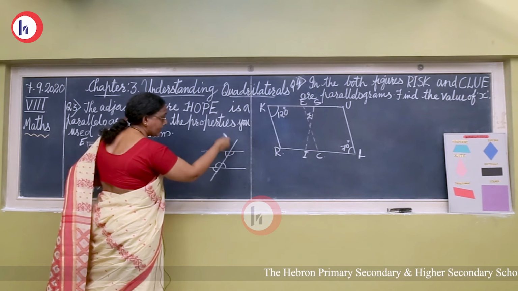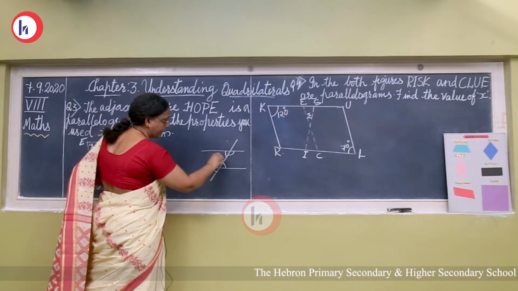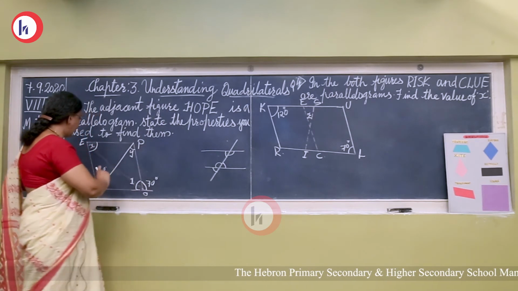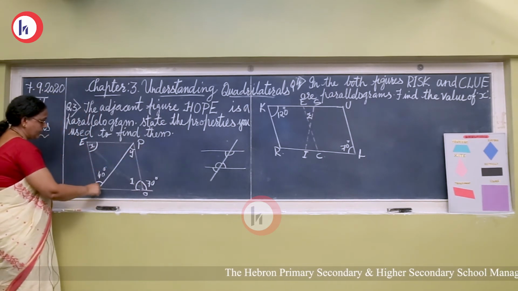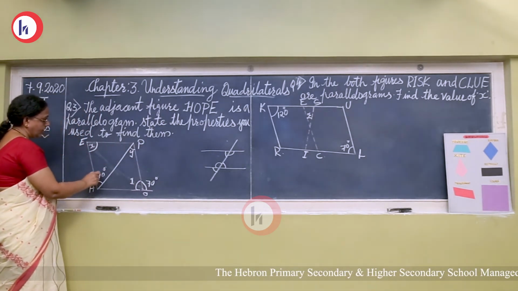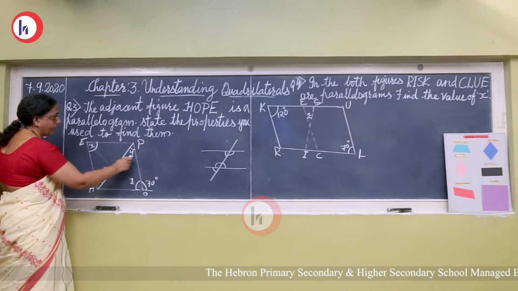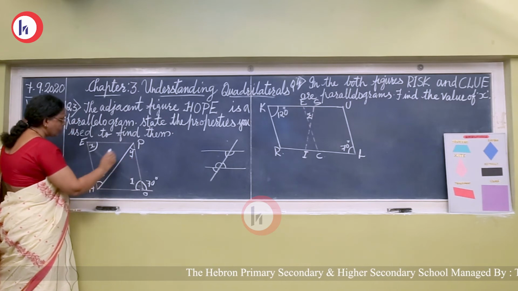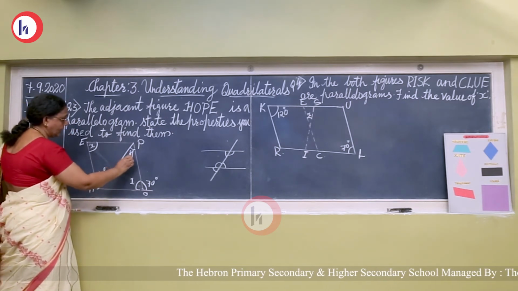Interior angles and exterior angles. In interior angles, alternate angles and corresponding angles are formed. Same way here, the diagonal intersects, so the angles on either side of the line are known as alternate angles. So alternate angles are always equal.